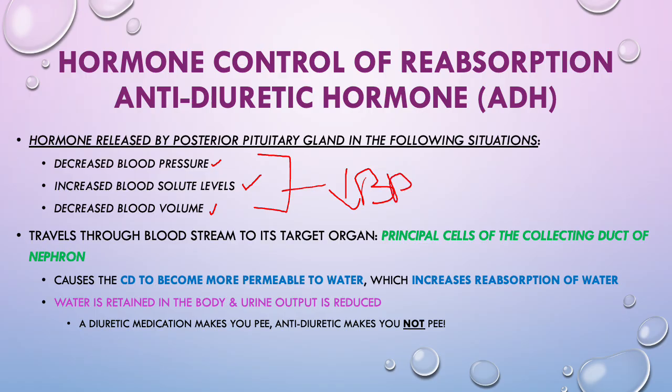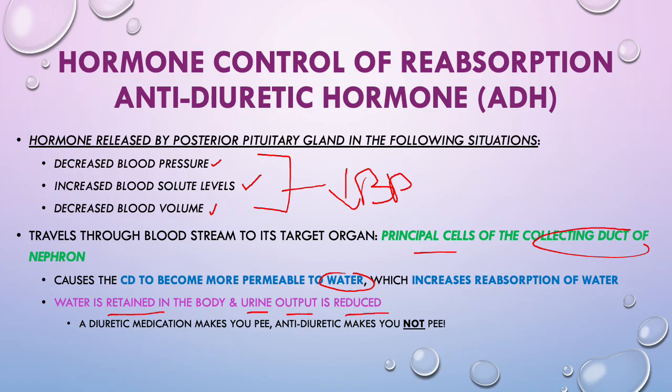This hormone travels through the bloodstream and targets the principal cells in the collecting duct. They become more permeable to water, so water gets reabsorbed and is retained in the body. The end result is that urine output is reduced.